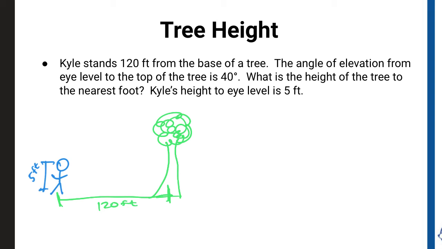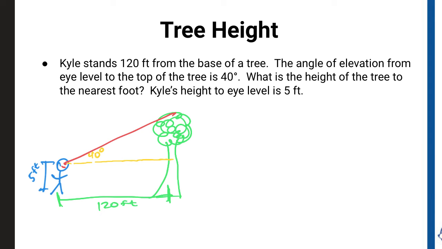The angle of elevation from Kyle's eye level, he's going to have nice red eyes here, to the top of the tree is 40 degrees. So remember, his eyes are going out horizontally here, and they're making a 40-degree angle to the top because it's an angle of elevation. So we want to know, what is the height of the tree to the nearest foot?